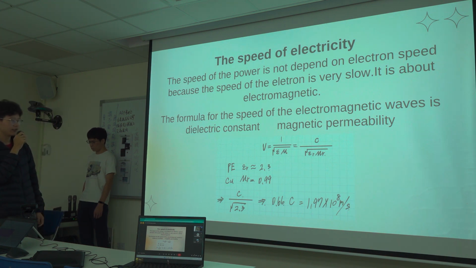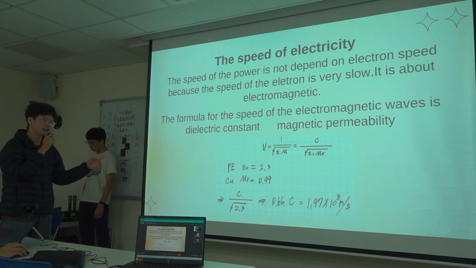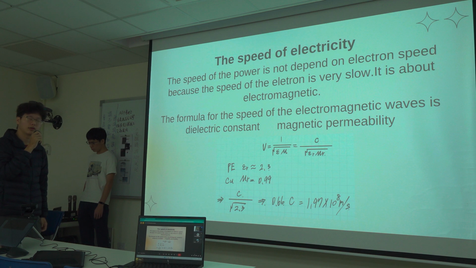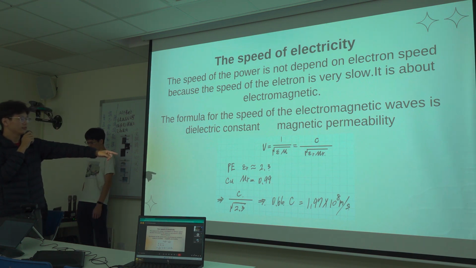And in a common electrical wire, it is made up of PE, polyethylene, and Cu.